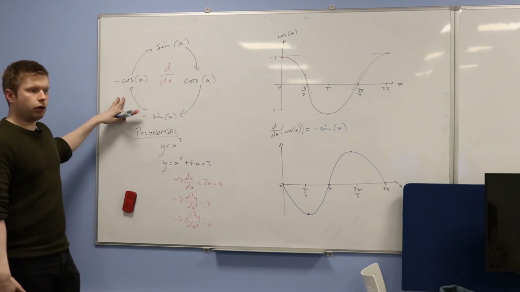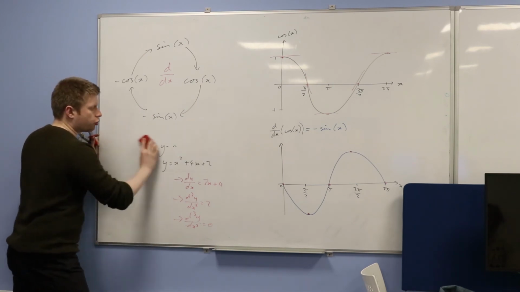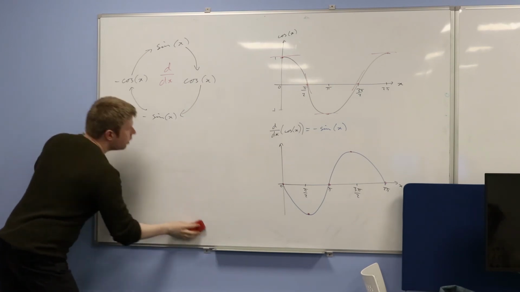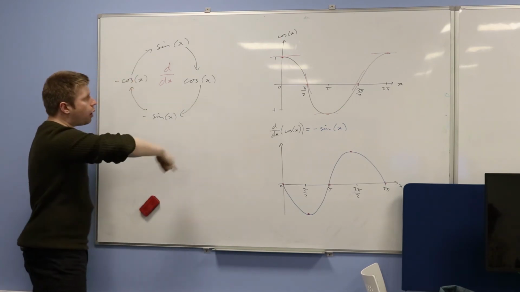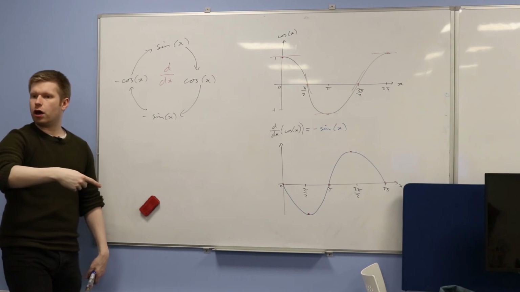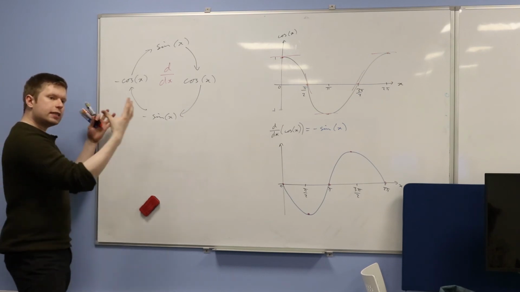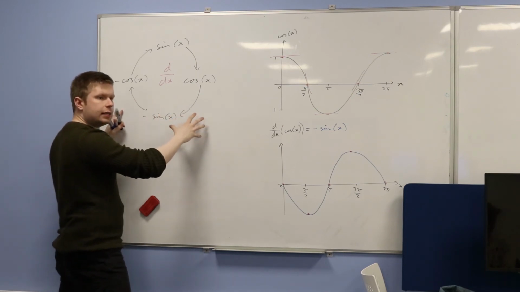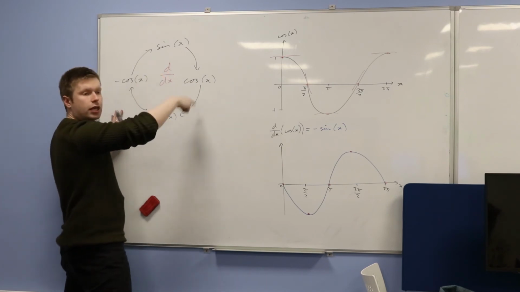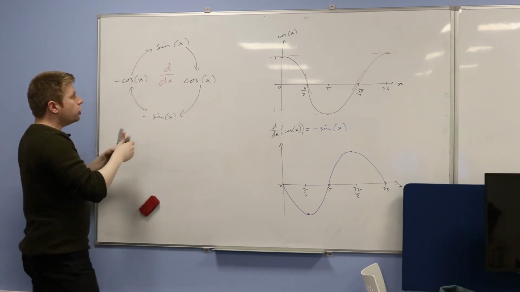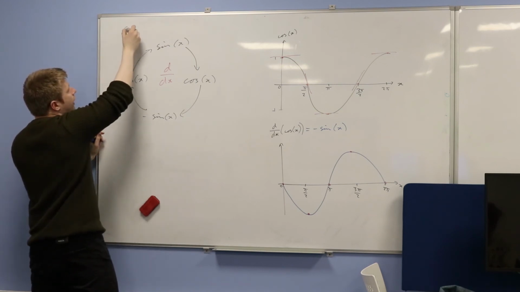But have a look. With this type of function, so these are trigonometric functions, it doesn't matter how many times you differentiate them, they're just going round and round in a circle. So you can say that these are infinitely differentiable, because you can differentiate them an infinite number of times. You can also call them cyclic differentiable.